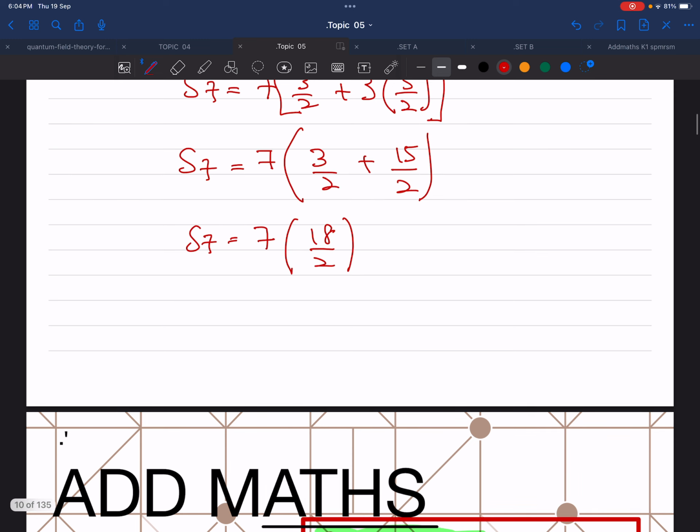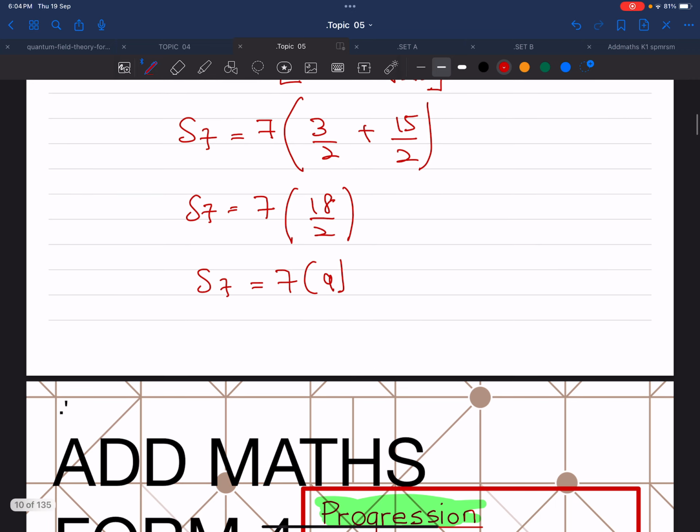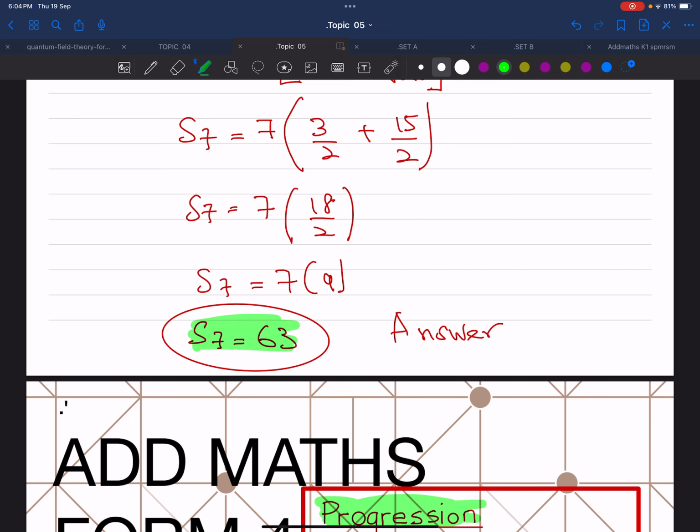And we know that 18 over 2 is 9. So finally, our S7 is 7 times 9, that is 63, which is our answer. So this is the first question, our answer, S7 is 63.